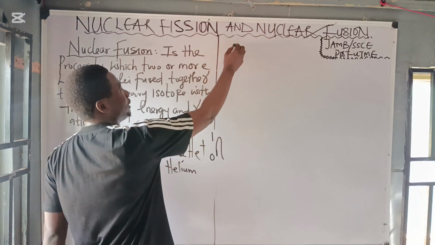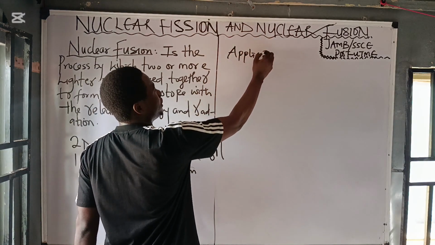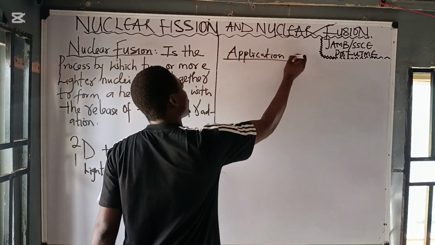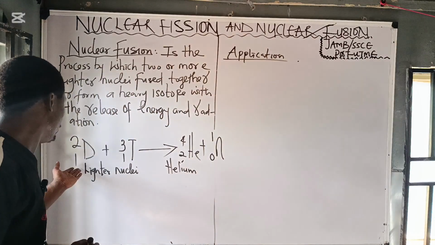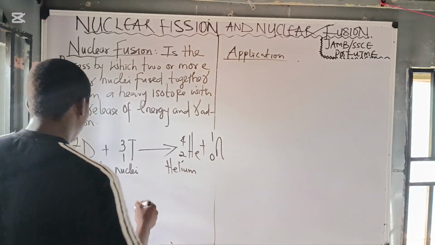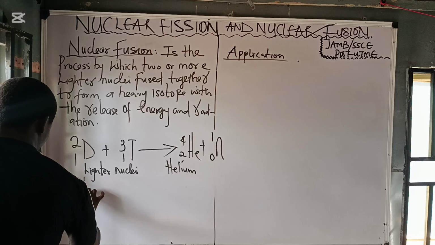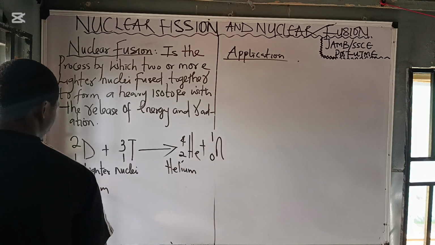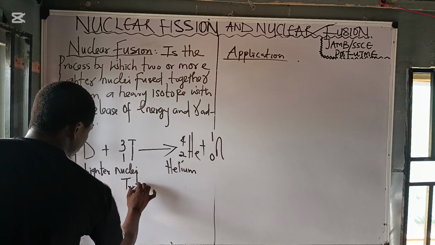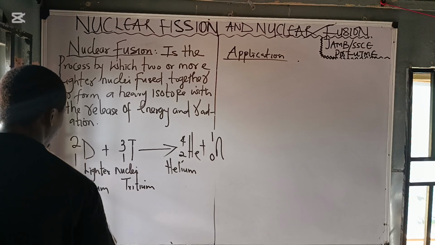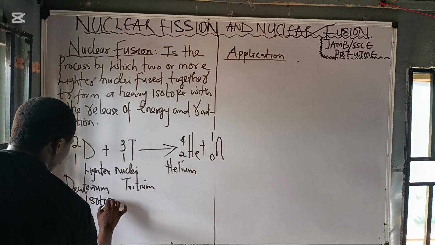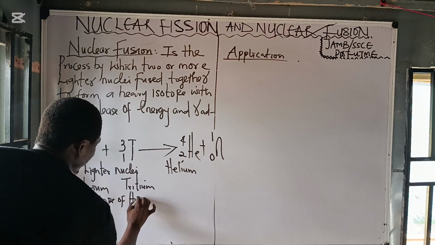Now, what is the application? Number 1, don't forget that this one is called deuterium and this one is called tritium, and they are both isotopes of what? Hydrogen.